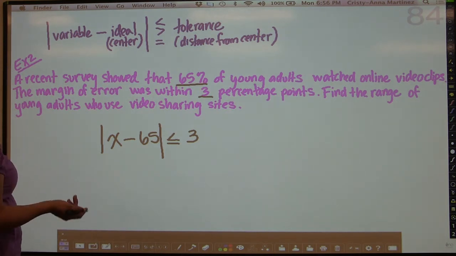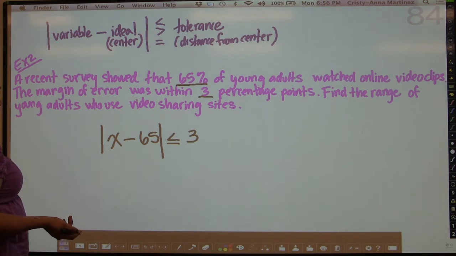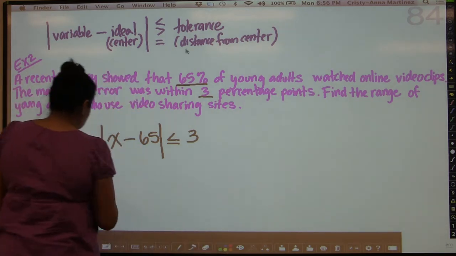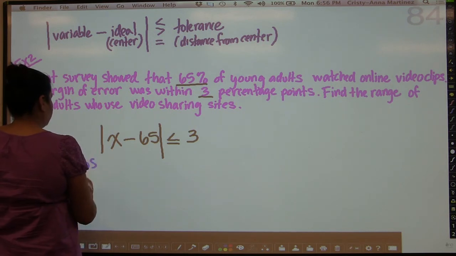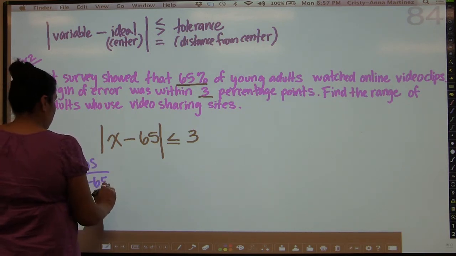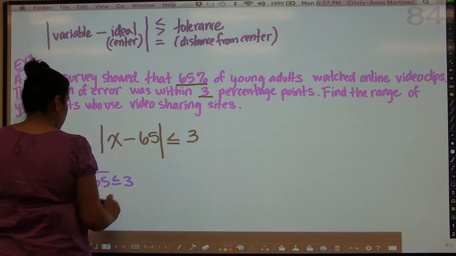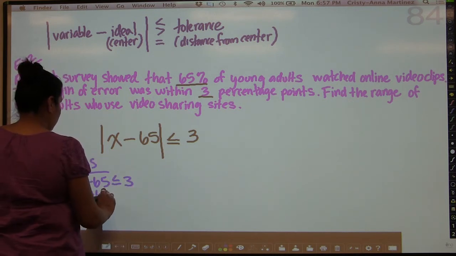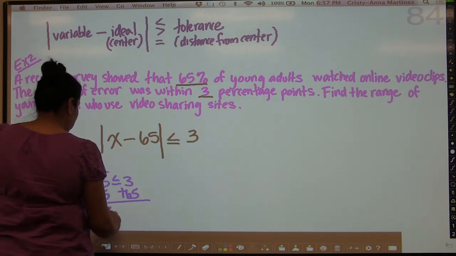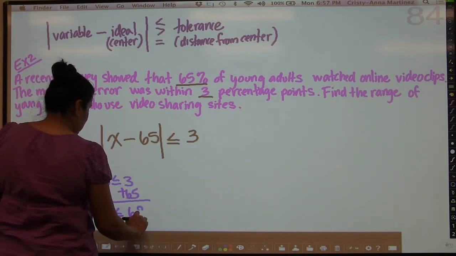So it says, find the range of young adults who use video sharing sites, so solve for x. We're going to go to our positive case, which is going to be x minus 65 less than or equal to 3. So we add 65, so we get that x is less than or equal to 68.